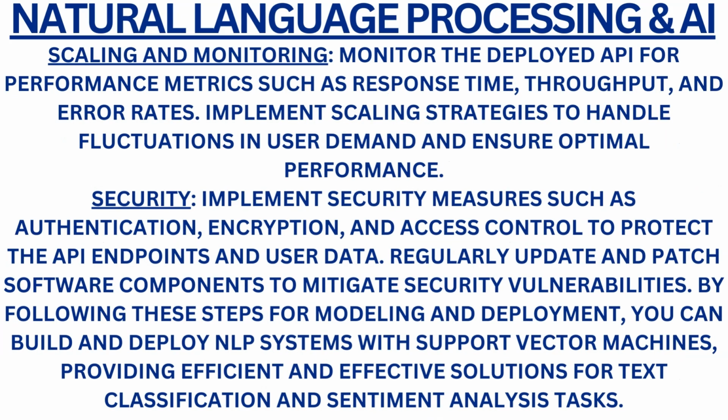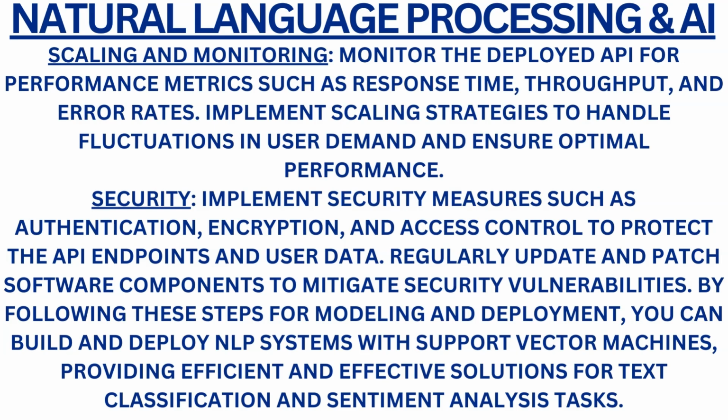Scaling and monitoring. Monitor the deployed API for performance metrics such as response time, throughput, and error rates. Implement scaling strategies to handle fluctuations in user demand and ensure optimal performance. Security. Implement security measures such as authentication, encryption, and access control to protect the API endpoints and user data.